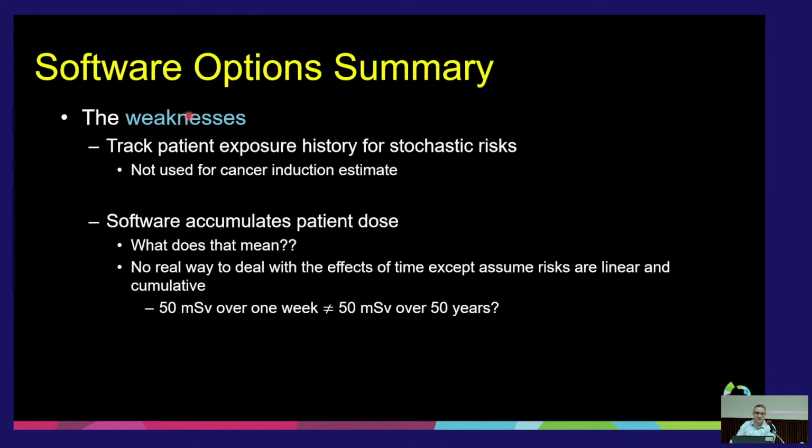Some of the weaknesses of dose monitoring software is tracking patient exposure history. A lot of people want these dose monitoring softwares to give us dose to the patient so we can do some kind of risk assessment. And the reality is, once again, most, if not all, of these dose monitoring softwares are not able to give you patient-specific dose.